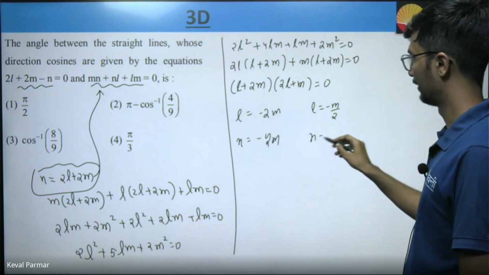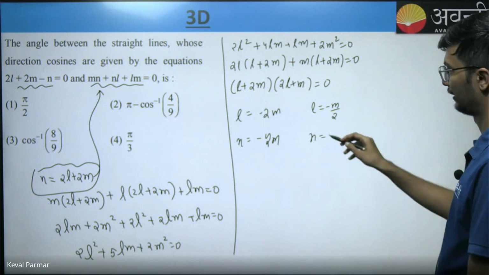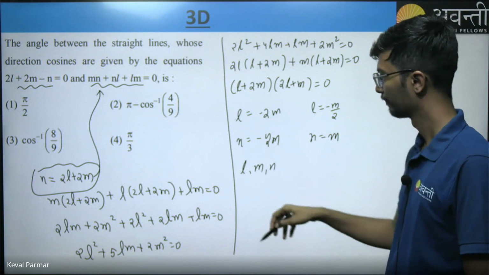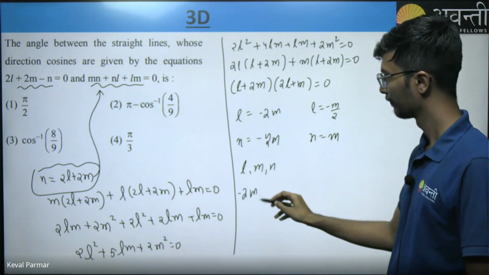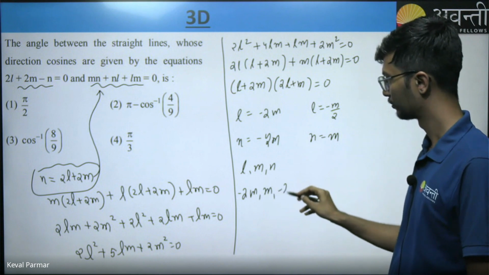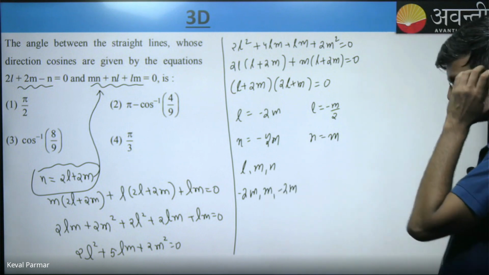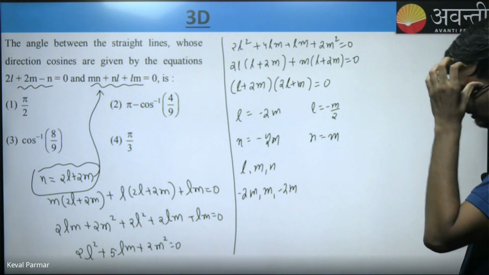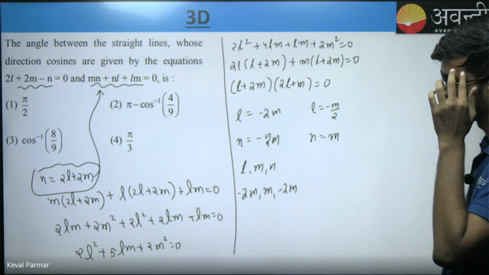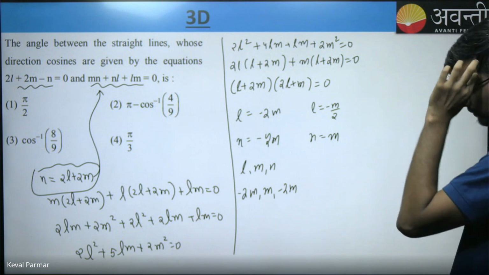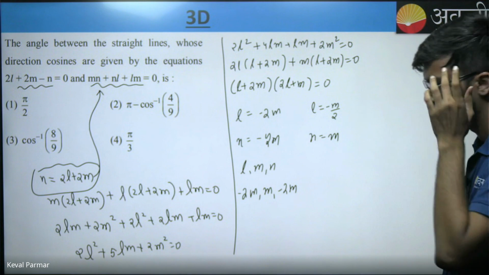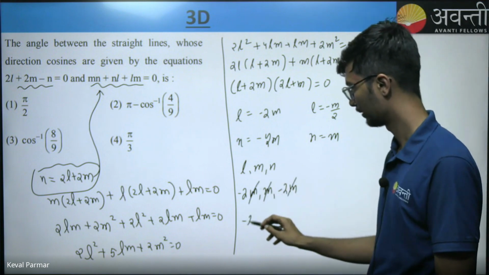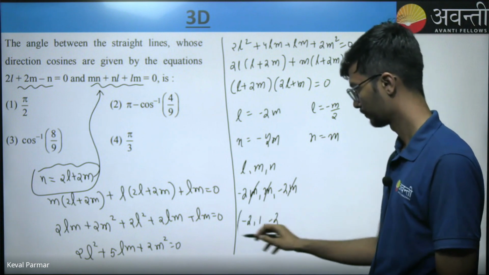And if L equals minus M by 2, N equals M. So we can write L, M, N. It will be minus 2M, M, minus 4M. Okay. So we can cancel out M, as we can cancel out direction ratios. So minus 2, 1, minus 4.